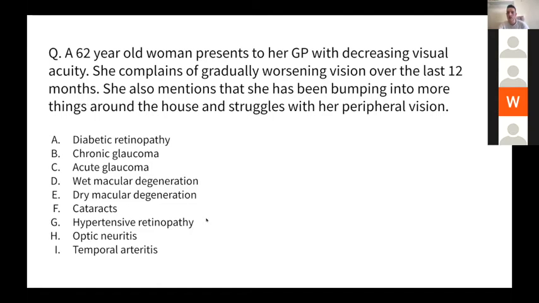So are babies born with cataracts, or do they require surgery as with older patients? And what is nuclear sclerosis? Just for the sake of time, we'll pop that in the document and we'll answer those afterwards. But for the time being, does anyone have an answer to this question here?